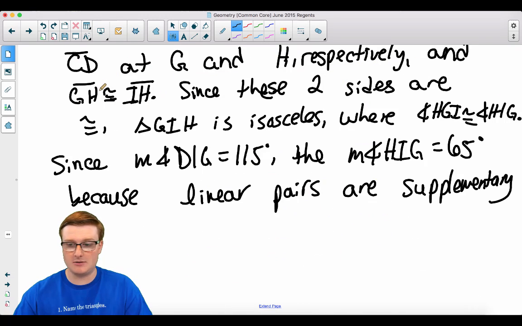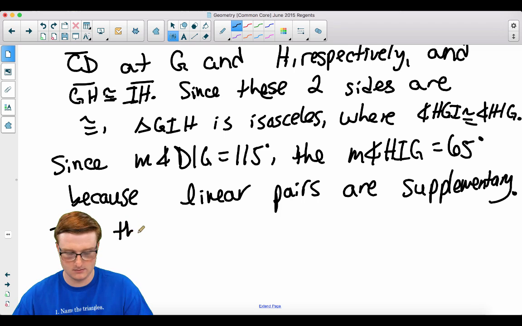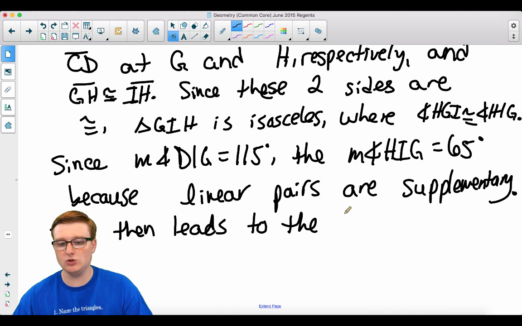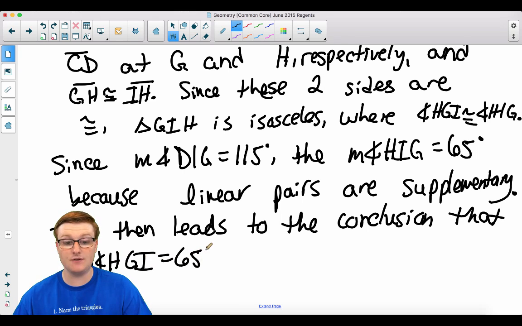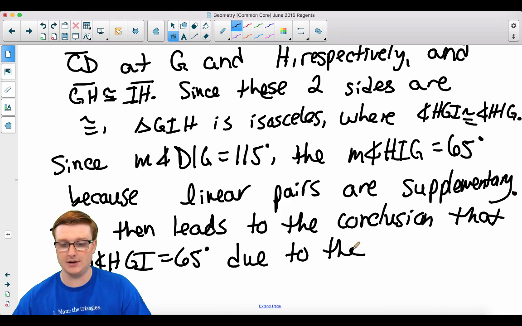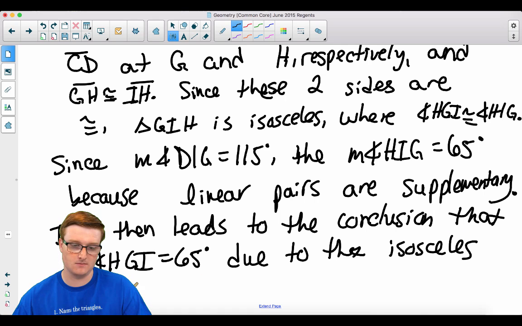Let's keep on going in our answer explanation. Now I'm going to say that this then leads to the conclusion that the measure of angle HGI is equal to 65 as well, due to the isosceles triangle theorem.